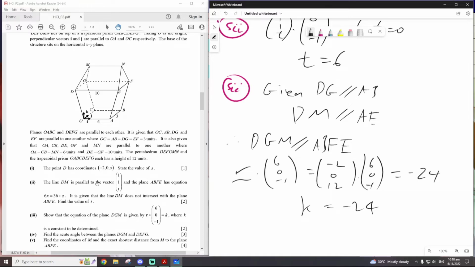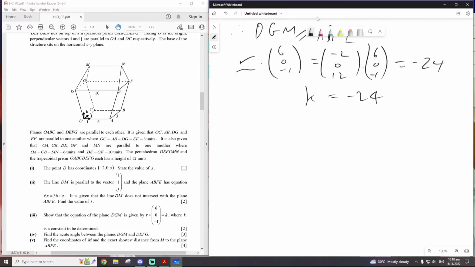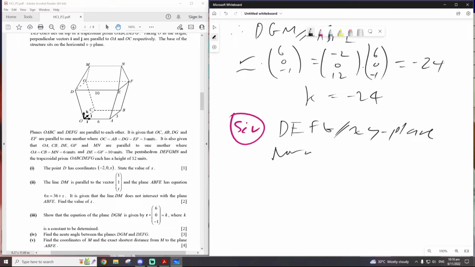Okay, find the acute angle between DGM and DEFG. I'm actually not sure how they gave 3 marks for this. So you realize that DEFG is parallel to the XY plane, meaning that the normal vector will be (0, 0, 1), right?